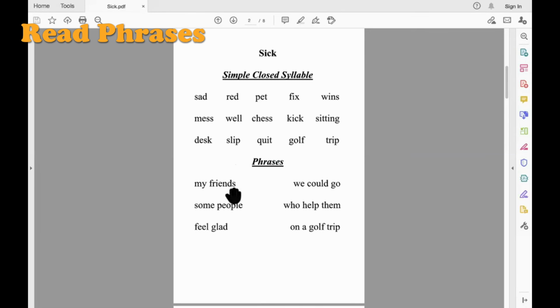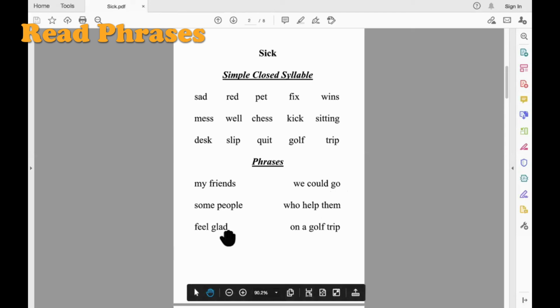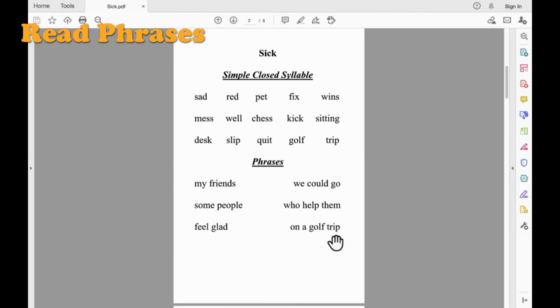Fix. Phrase, read these. What does that say? My friends. So phrase, read it. My friends, we could go. Some people who help them feel glad on a golf trip.